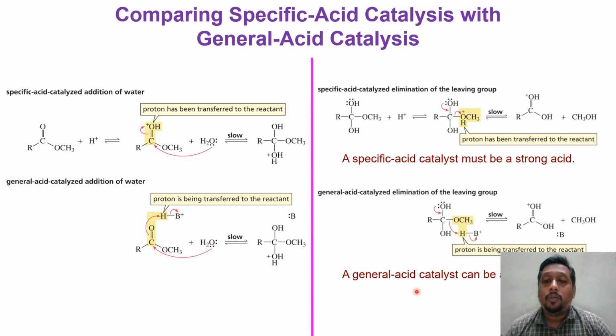So all the reactions that occur at the active site of an enzyme go by general acid or general base catalysis. In order to know that, you should be well aware of these basics, so that with this knowledge we will move forward to enzyme catalyzed reactions in due course.